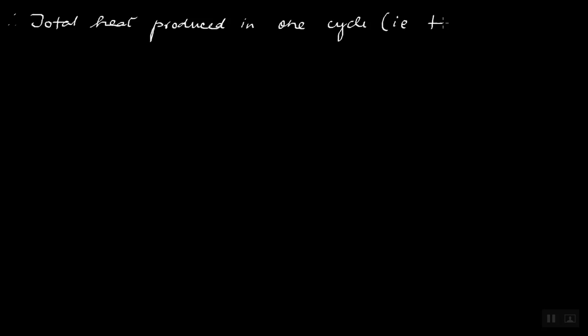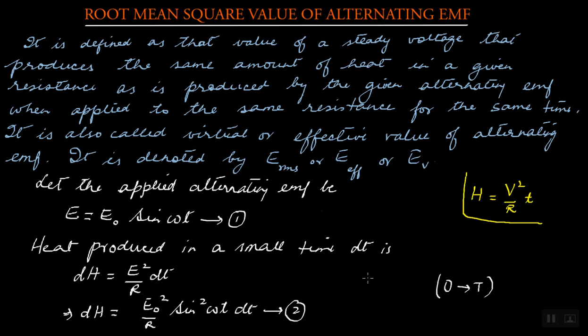that is time 0 to T, is H. We just integrate this expression. E naught square by R is a constant, so we take it outside the integration sign.